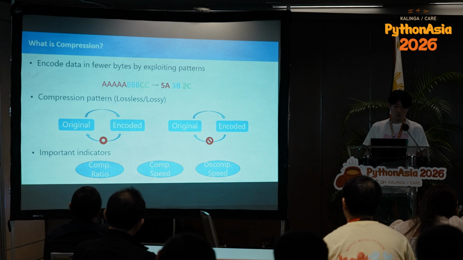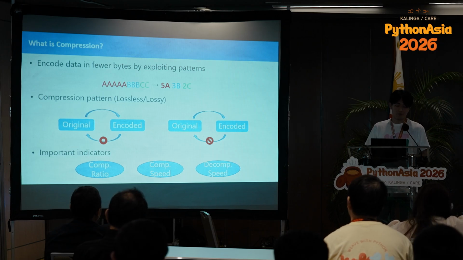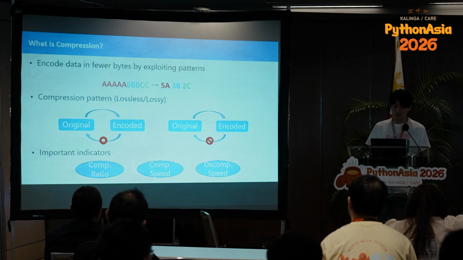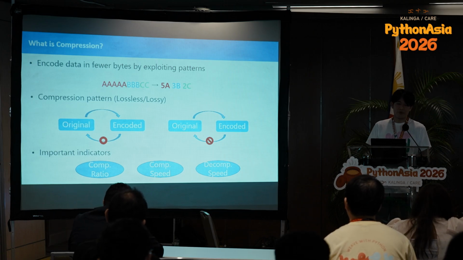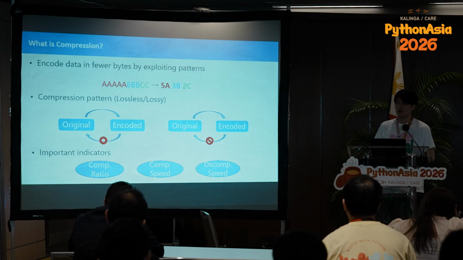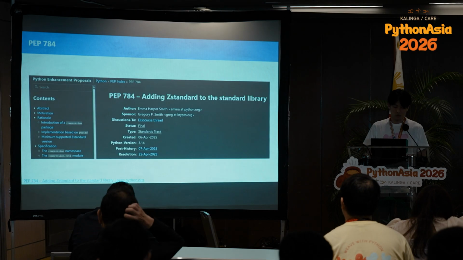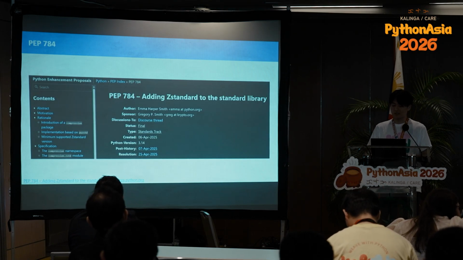When we consider compression methods, there are three important key indicators: compression ratio, compression speed, and decompression speed. They are important indicators for comparing with other compression algorithms. In this session, Zstandard is the main topic.